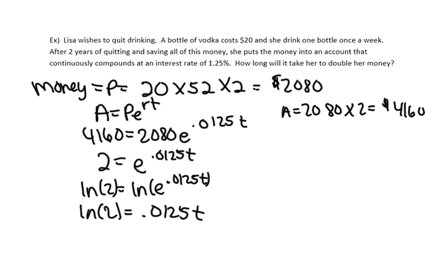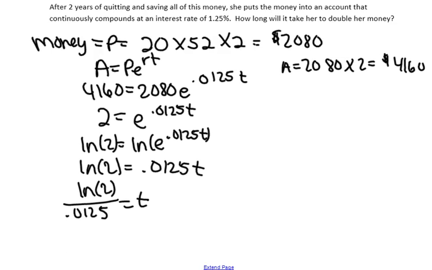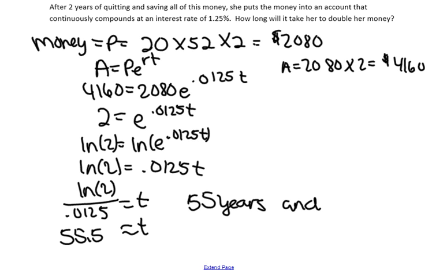I can divide both sides by that decimal. So T is approximately 55 and a half. So again, half of a year is 6 months. So we're looking at about 55 years and 6 months.